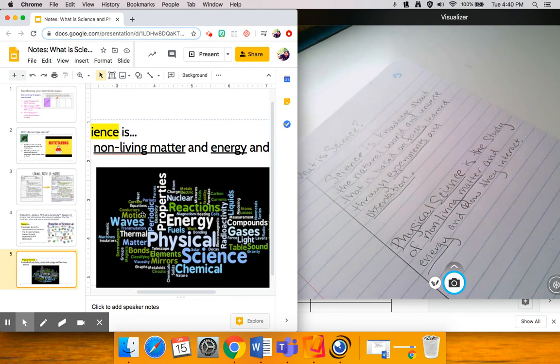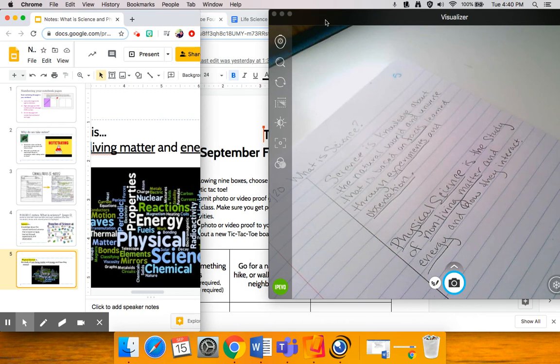Nuclear reactions, motion, waves, electricity, right? All types of energy, sound, light, so many different things. Levers, forces, chemicals. So many things go into physical science, and we're going to take a look at a lot of those throughout the year. All right, coming back to our notes, we just have a couple more things to add.